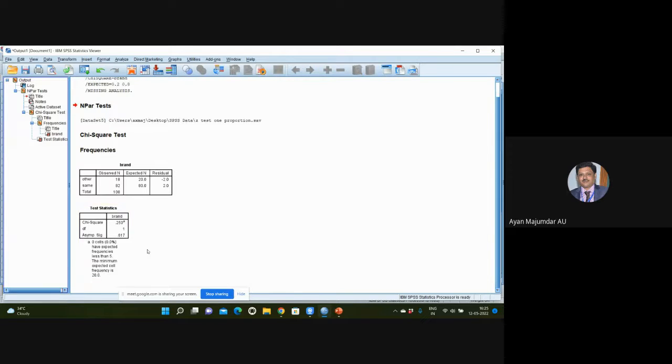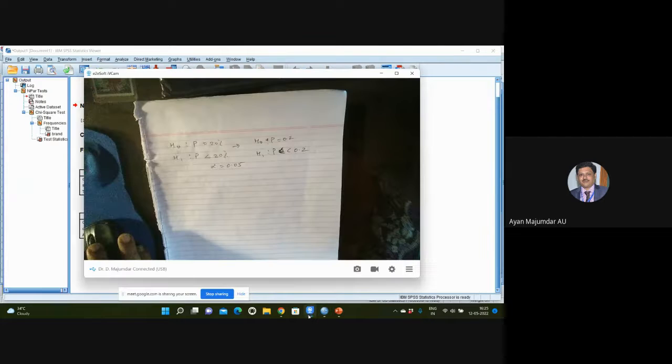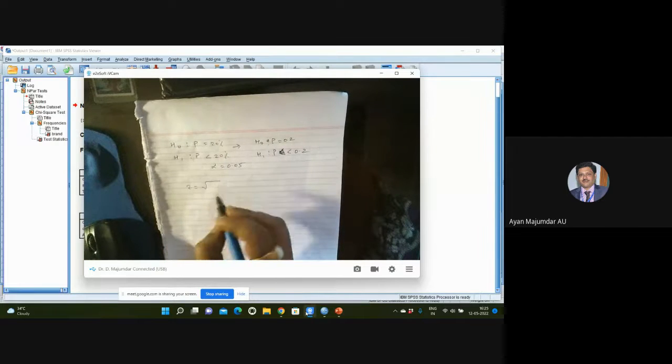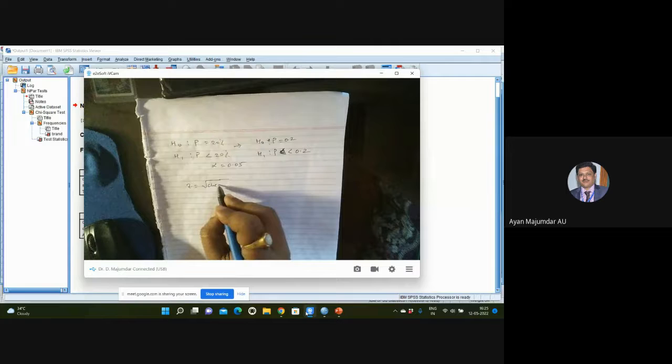Once you press OK, the results come, but the output doesn't give any Z score. Instead, it gives the chi-square as 0.25. So the relation is Z is root over chi-square.